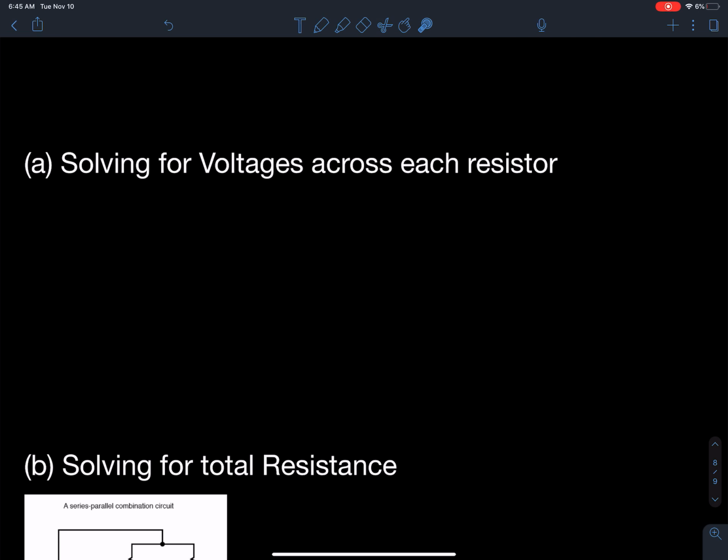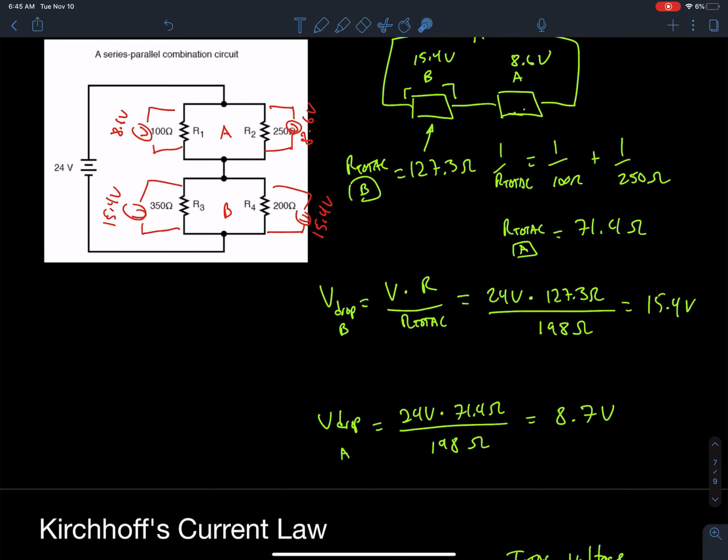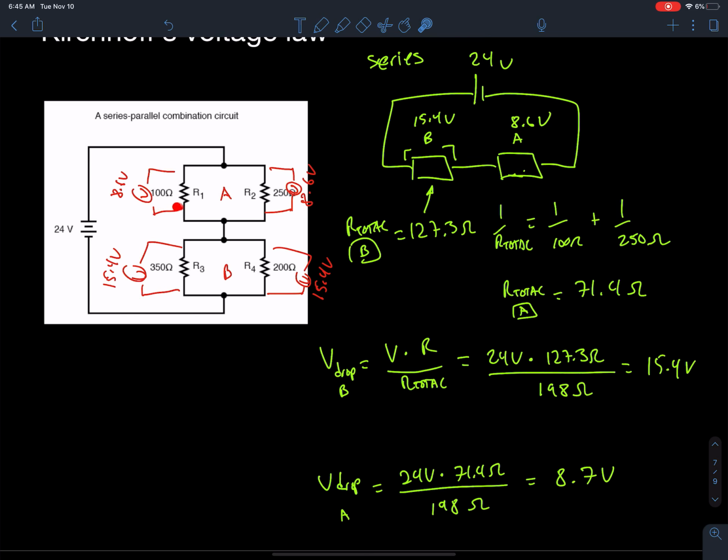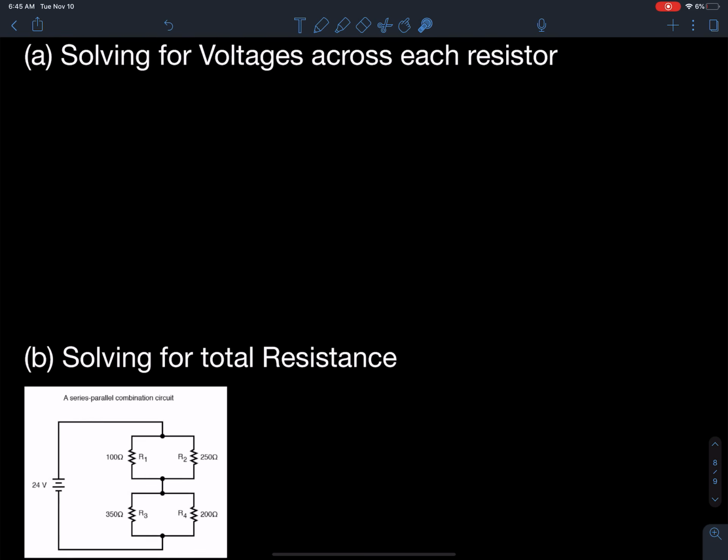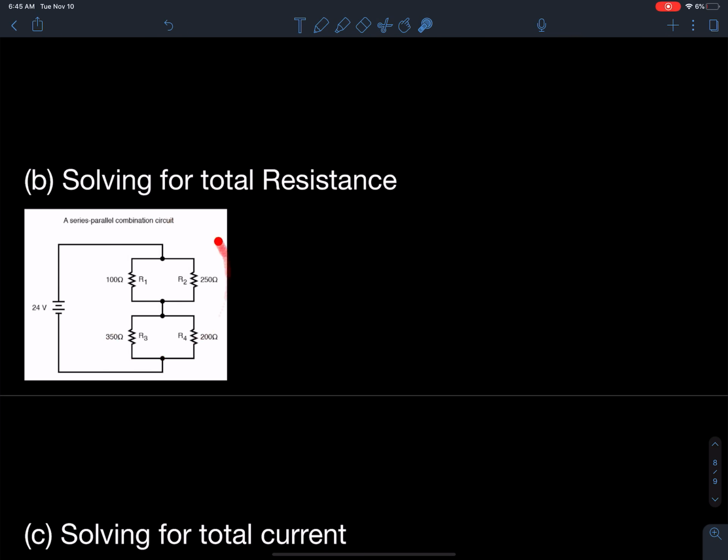Solving for the voltages across each resistor is what we actually did up here. To do that, I needed to create this drawing, solve for the total resistance of each branch, and then apply these formulas to calculate the voltage drop across each resistor. And to solve for the total resistance, just to remind you, 1 over R total is equal to 1 over R1 plus 1 over R2.